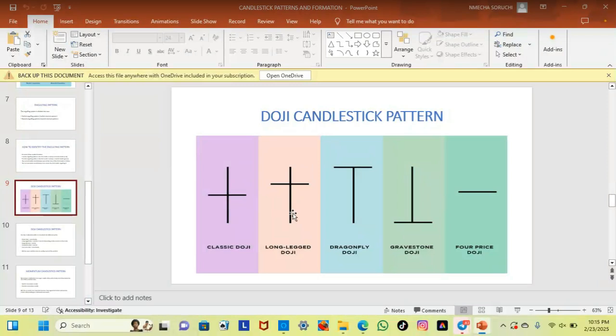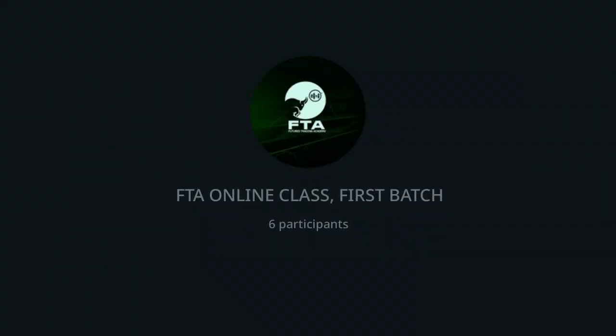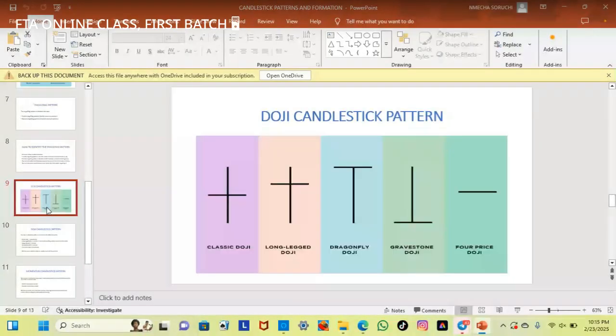The next is the dragonfly doji. The dragonfly doji is a bullish indicating candlestick pattern. You can see that the body of the candle is at the top, so it indicates a bullish reversal.